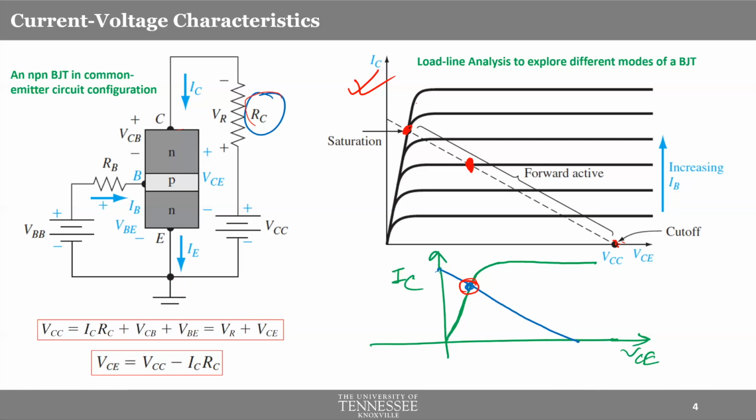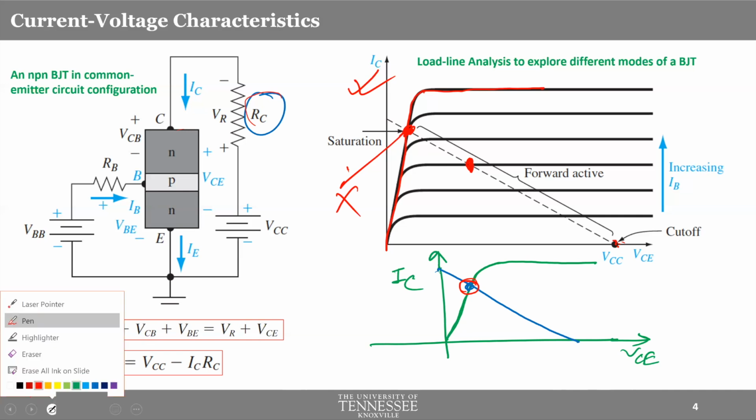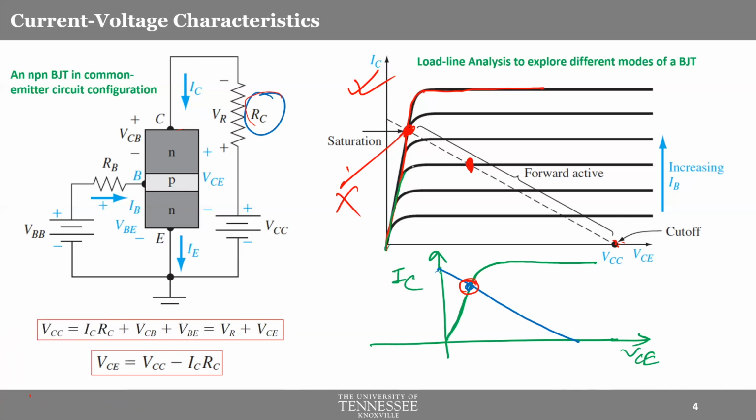For these particular characteristics, you have an intersection at the saturation mode, which is not good. But if you turn your attention to this particular line, then you have an intersection at the forward active mode, which is good, very good.